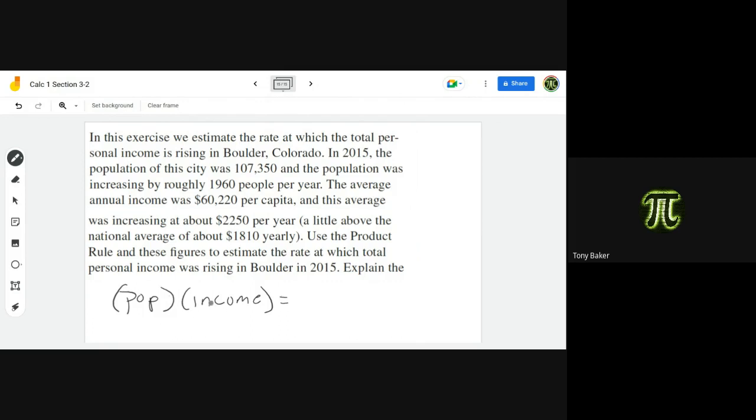So what's the product rule say? It's the derivative of population times income, plus population times the derivative of income. That's just the product rule, correct? So I just need to find those four things.